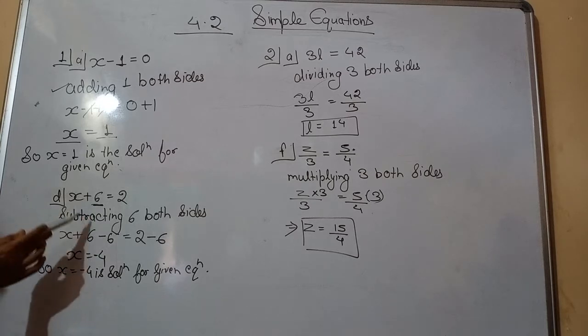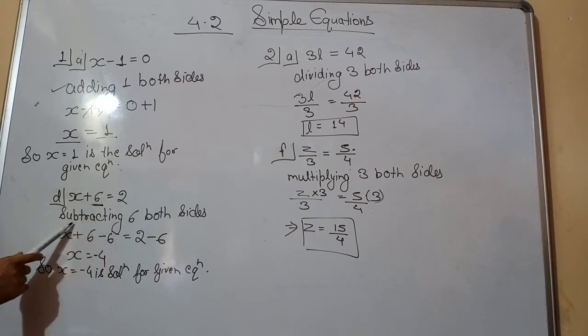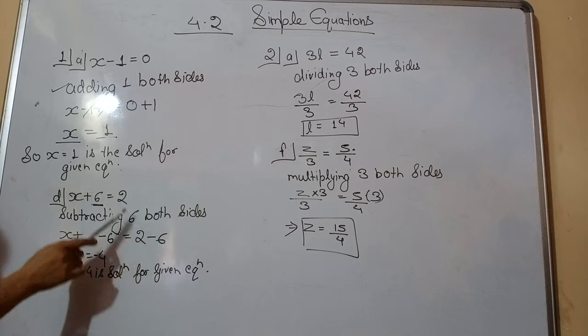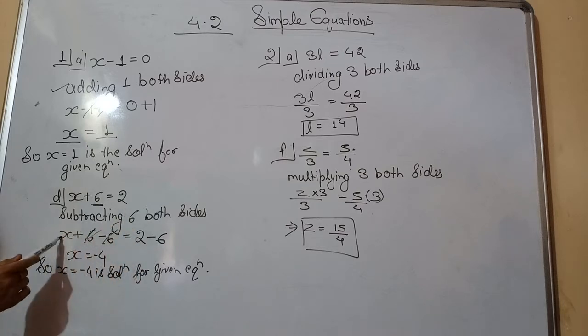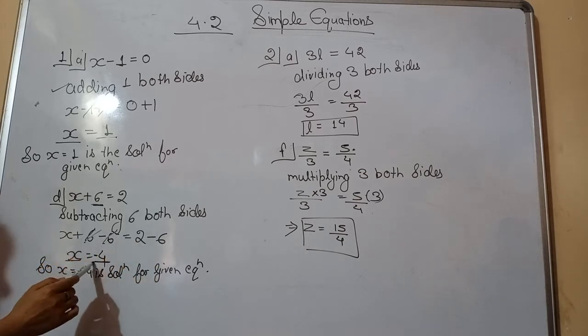And where you have to use subtraction sign? With the same constant which is written on the variable side. So plus 6 is given, so what you will do? Subtracting 6 both sides. So x plus 6 here, -6 this side and -6 this side. So plus 6 -6 cancel out these two. What is remaining left? Remaining left is x, and 2 - 6 gives us -4.